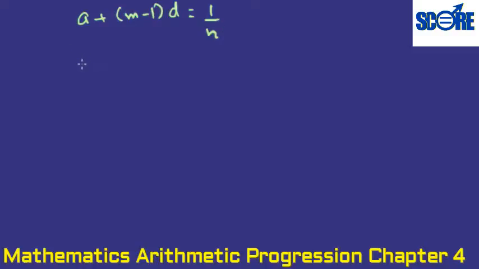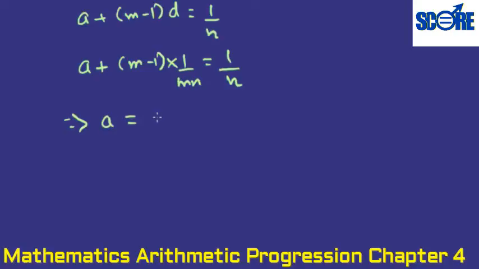So as we put the value of d in this equation, we'll get a plus m minus 1 into 1 by mn, which is equal to 1 by n. So after further solving it, we'll get a is equal to, we will take this m minus 1 into 1 by mn part on the other side of the equation, because we have to find out the value of a. So it will become a is equal to 1 by n minus m minus 1 upon mn.